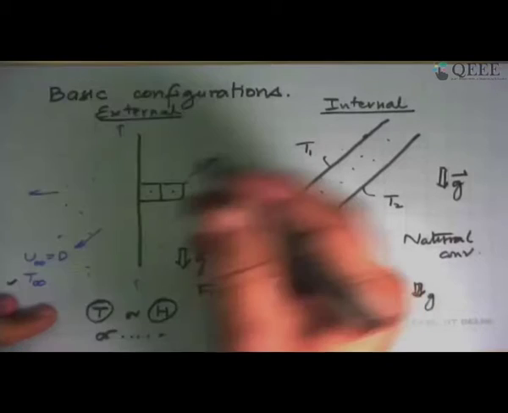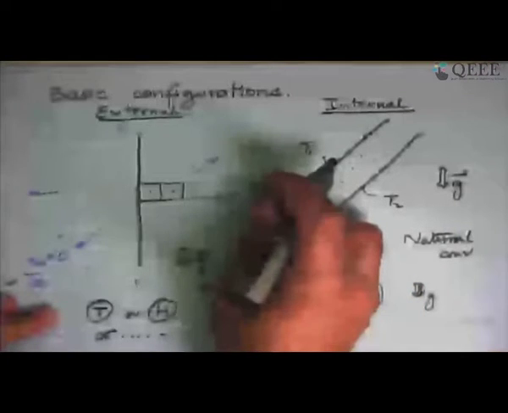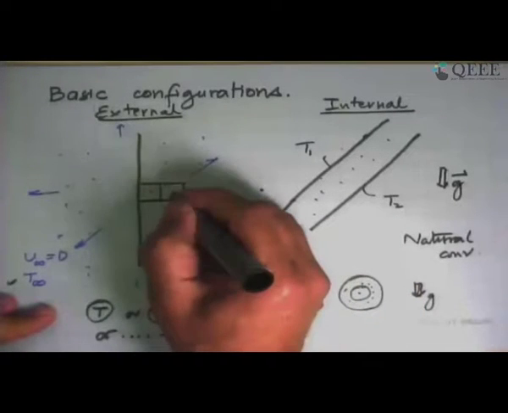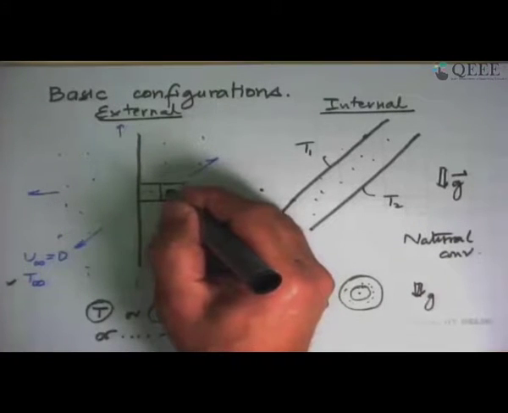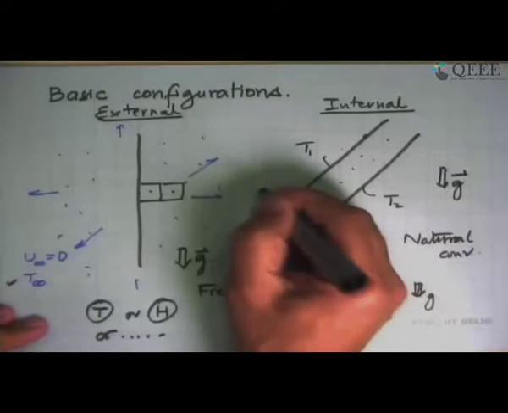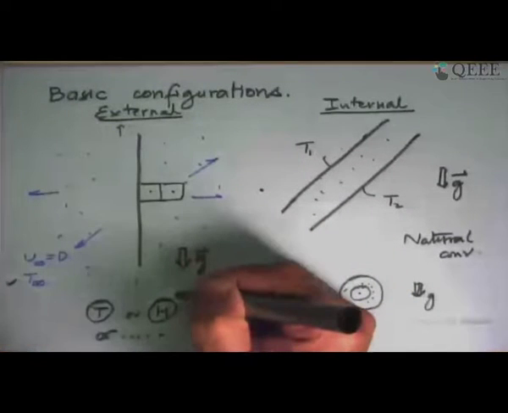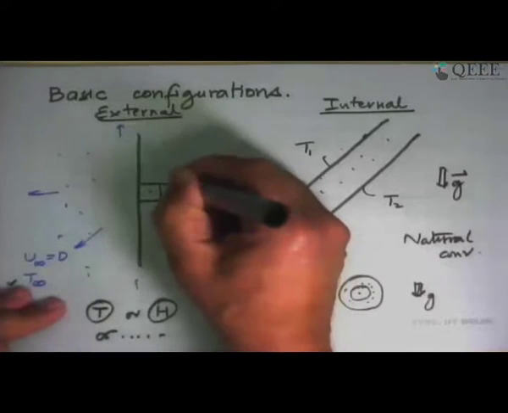So now what has happened is, because these are different temperatures, there is a density gradient, and because of that there is expansion of this fluid, its density goes down compared to the ambient fluid, and it starts experiencing a buoyancy and it will start moving up.